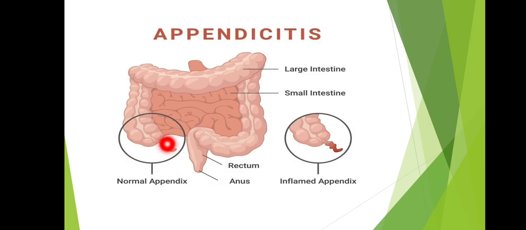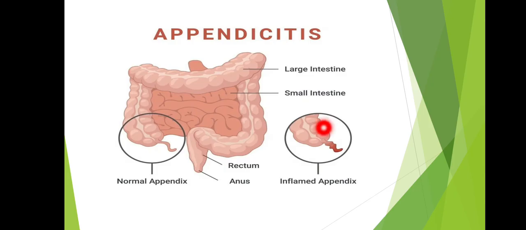So this appendix here is the one responsible for storing those normal flora. The normal flora are safe bacteria that help to even enhance the immunity by making sure that each and every invading parasite gets to be killed before it can even reach far.